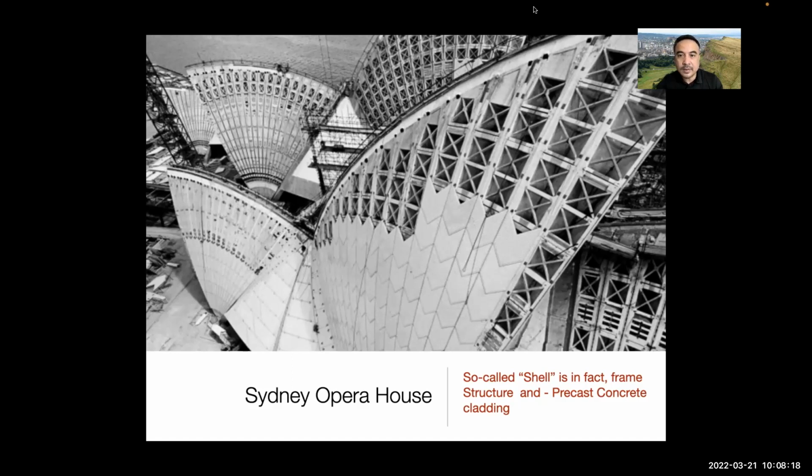Cladding is the outer shell material. This is the frame, and different sizes of steel frame were used, and different ways of joining were designed. So that's the advance of the building, but not the structure, right?